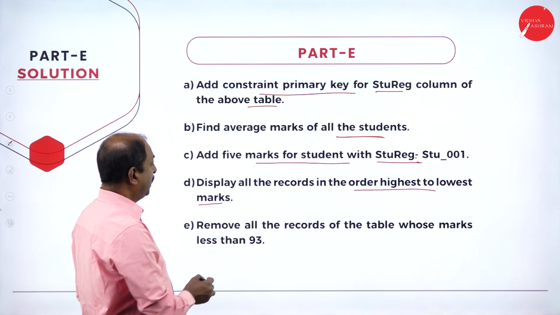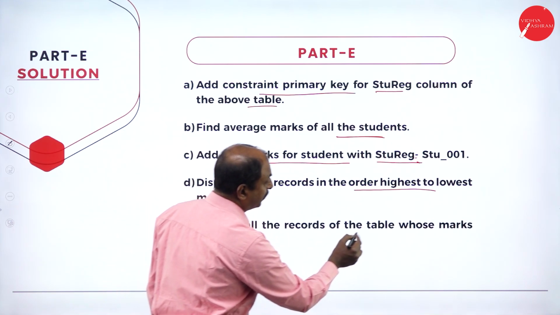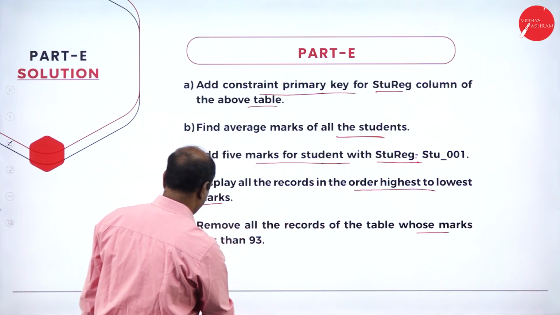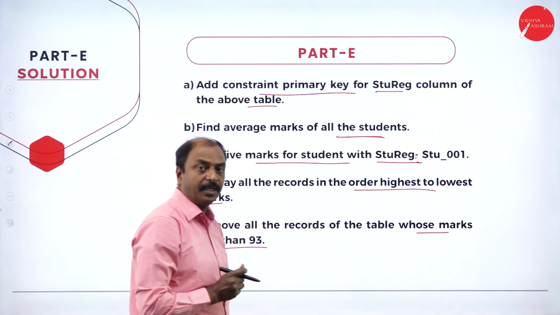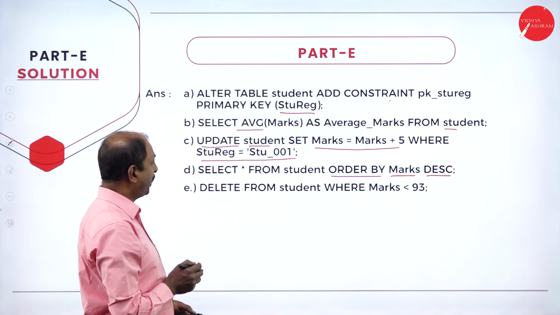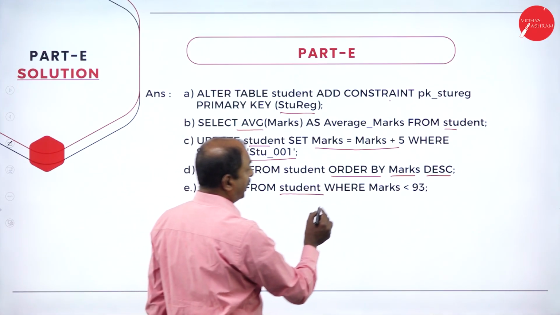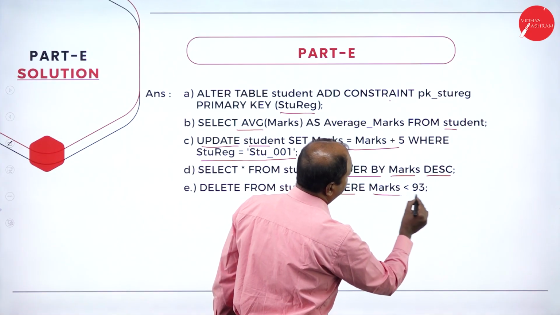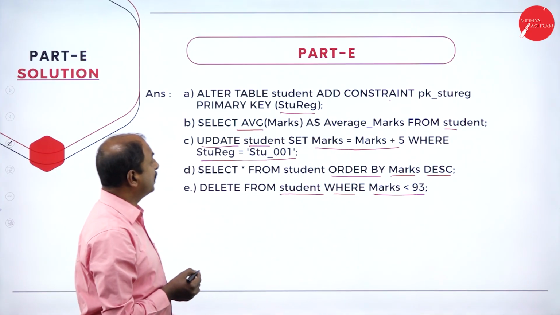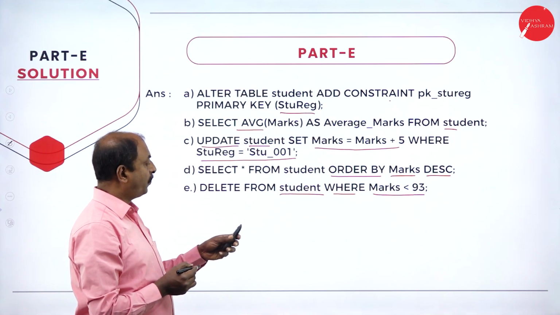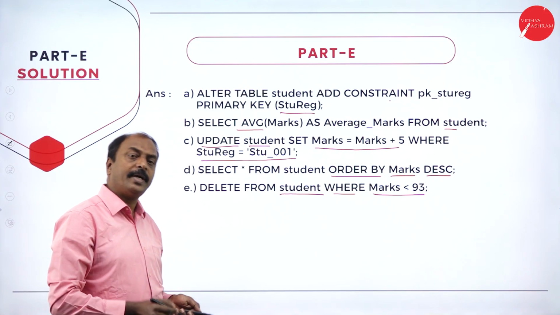Next question is: remove all the records of the table whose marks are less than 93. The query is delete from student, the table name, where marks is less than 93. So these are the answers for the questions with respect to SQL.